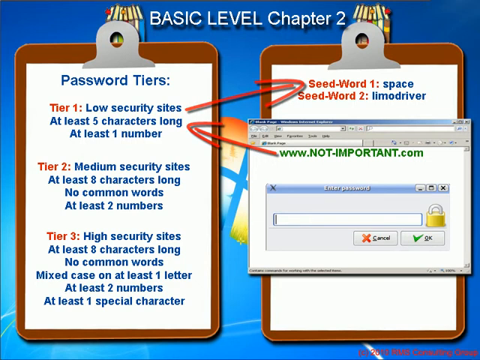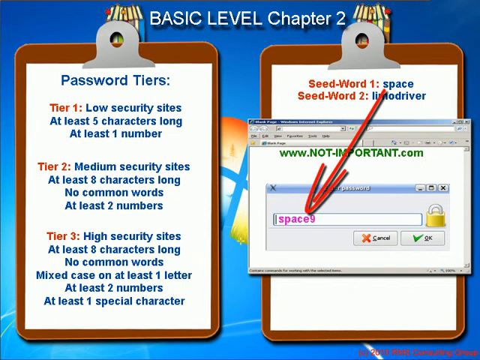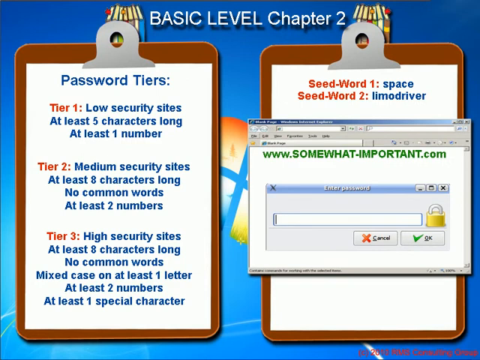So that means I simply use seed word 1 and expand it to meet Tier 1 complexity rules. So how about space 9? I simply took my seed word 1, which was space, and added a number, which is part of the complexity requirement. Since the website is inconsequential, there's no need to make it more difficult. Now I have my password for all such sites that I visit or use.